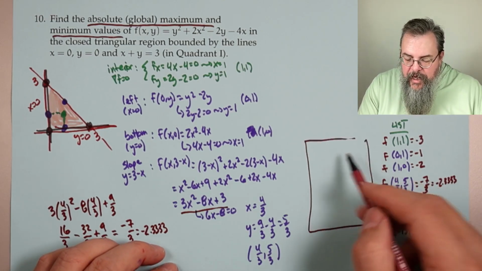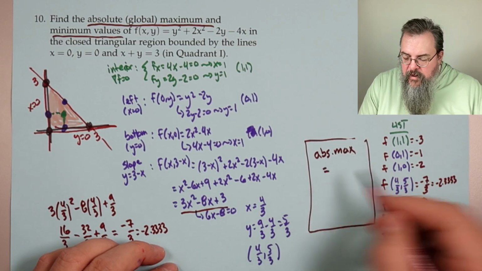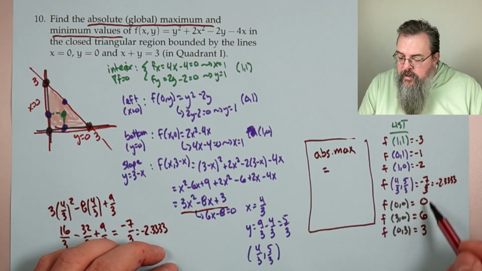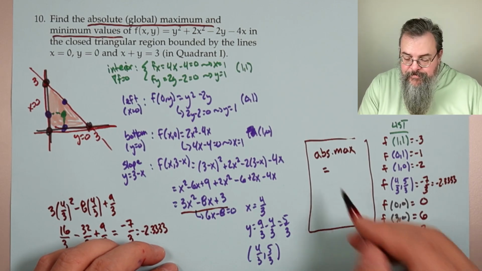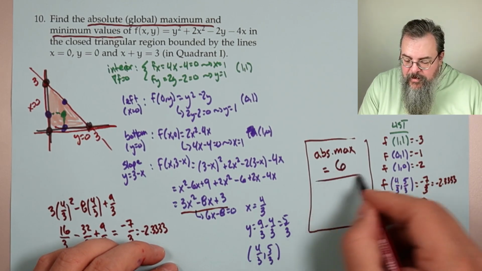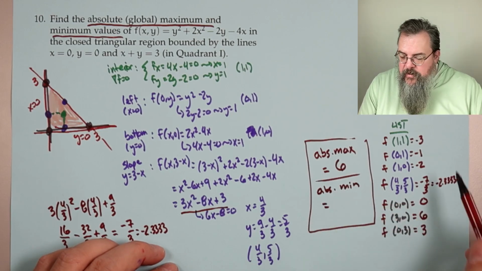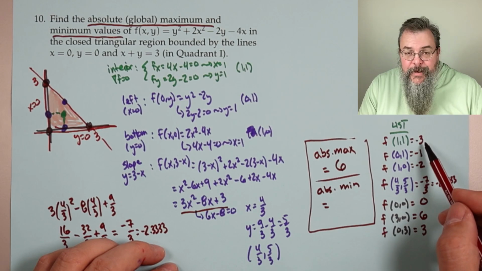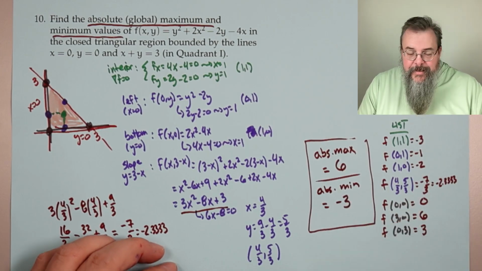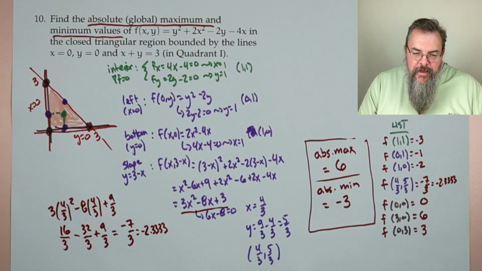So the absolute max is, scanning for the largest number, 6. Absolute min, okay, scanning for the smallest number, negative 3. And we're done. We found the absolute max and the absolute min.